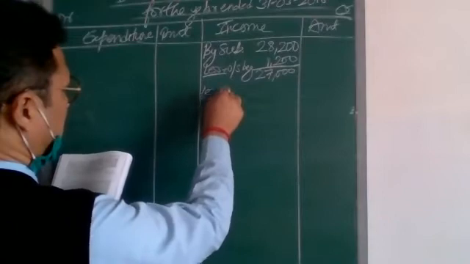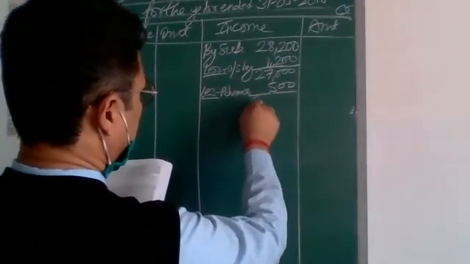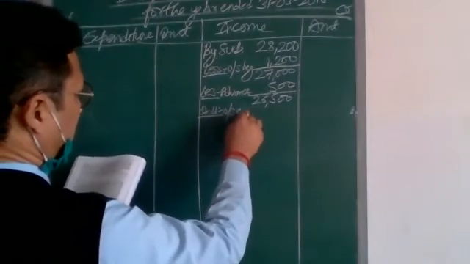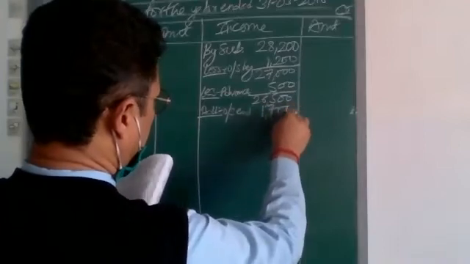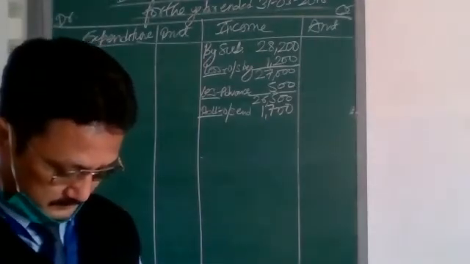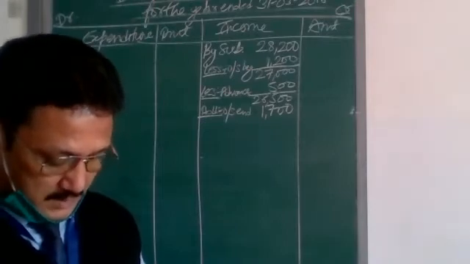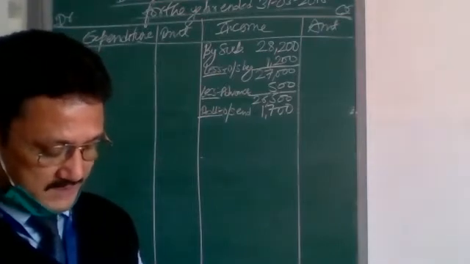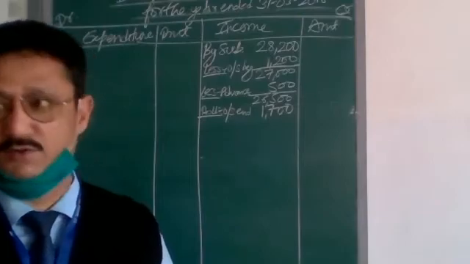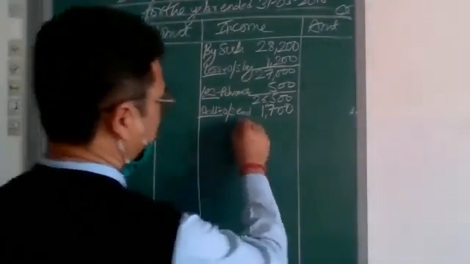Advance at the end, outstanding of the current year. Previous year outstanding was 2000, out of which 1200 was received, so 800 remains. This year total outstanding is 2500, of which 800 is of the previous year, so 1700 is of the current year. This point is very important.